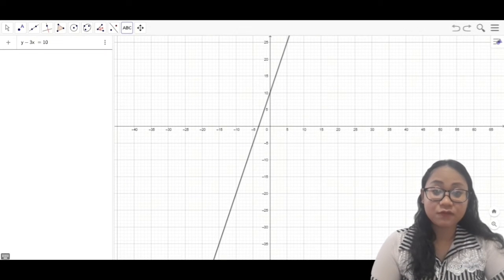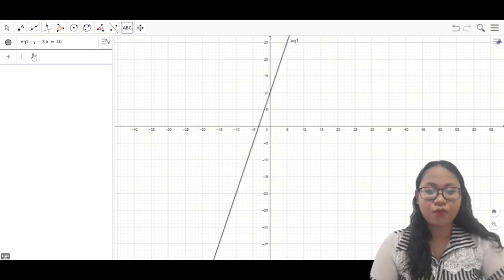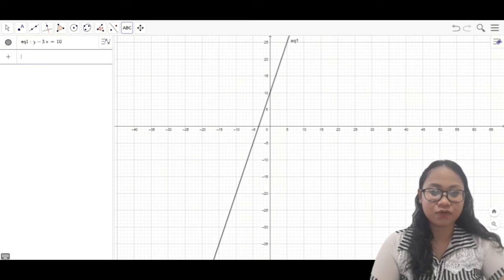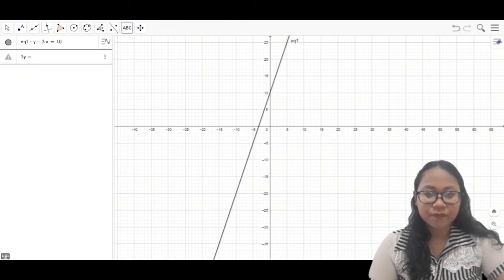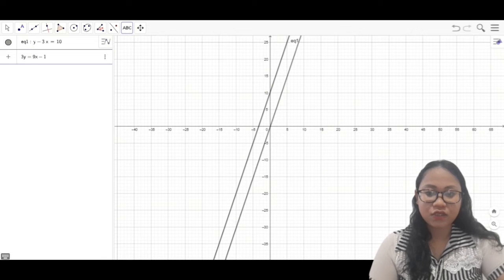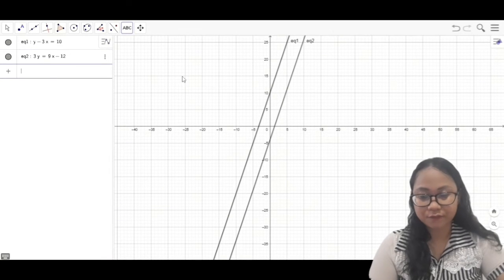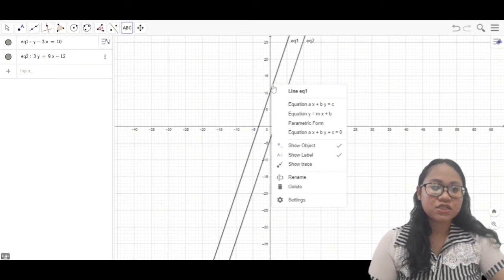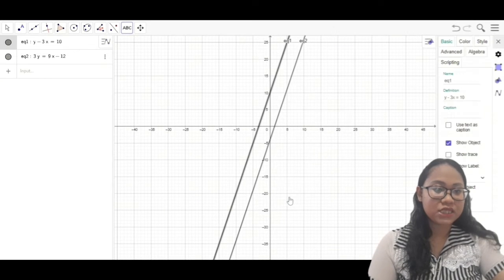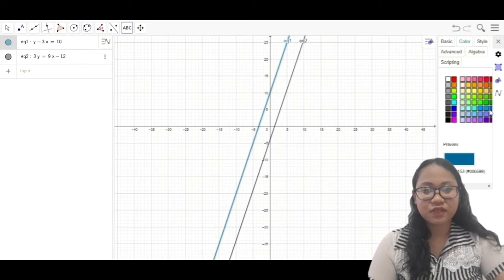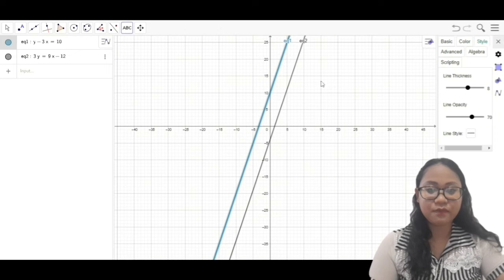Let's rewrite the first equation, which is y minus 3x equal to 10. Meanwhile, the second equation is 3y equal to 9x minus 12. I'm going to change the color of these two straight lines so that the students can distinguish them easily.